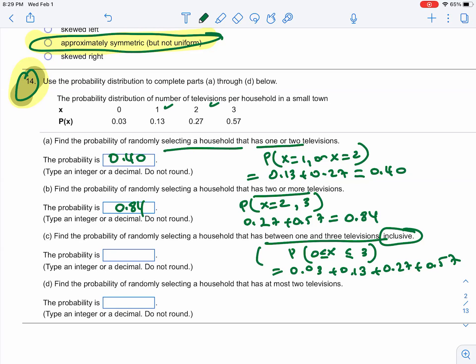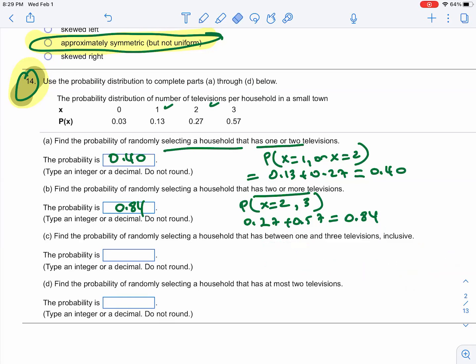We already know that 0.84, this is going to give us 0.16 plus 0.84. Find the probability of selecting a household that has between 1... Oh, it's 1, not 0. I didn't read it properly. Probability X is between 1 and 3 inclusive.